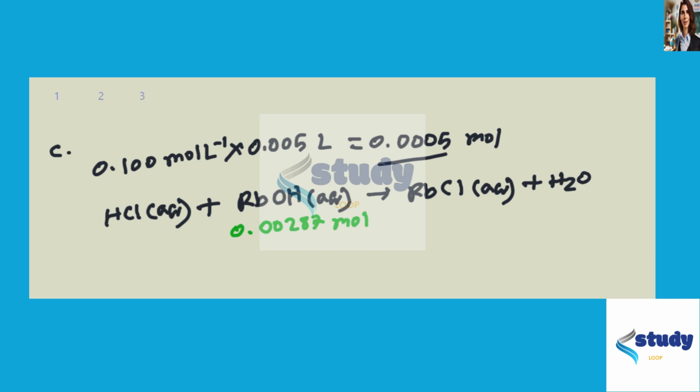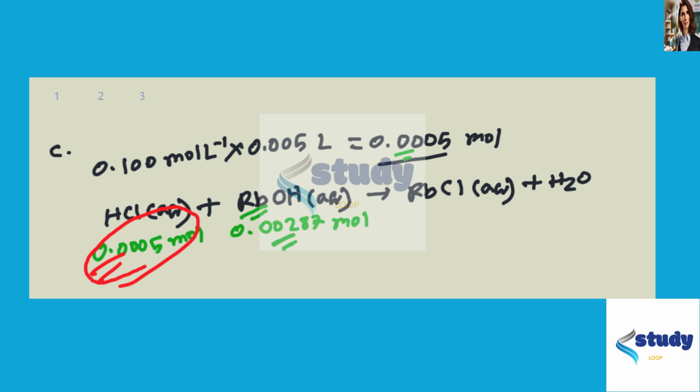We can easily calculate this by multiplying the initial concentration of the RbOH with its initial volume, and that will give us the number of moles of RbOH, which is this, and we are adding this much HCl, which is 0.0005 mole HCl. So this much HCl will react with the same amount of RbOH.